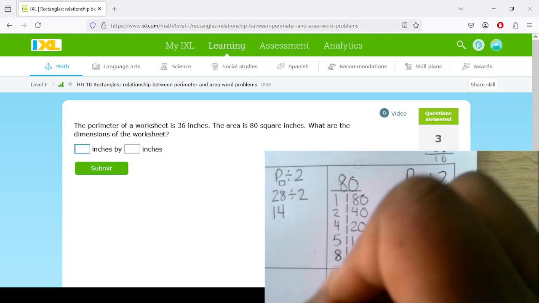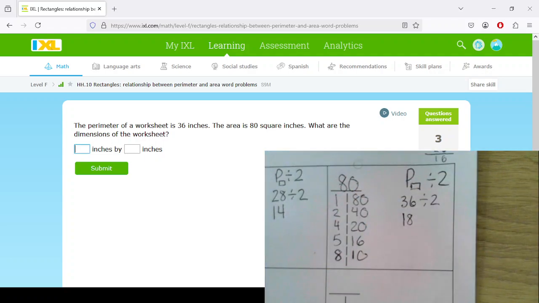But 8 is on the list. That's 8 and 10. 8 times 10 equals 80. So that's 10 inches by 8 inches.